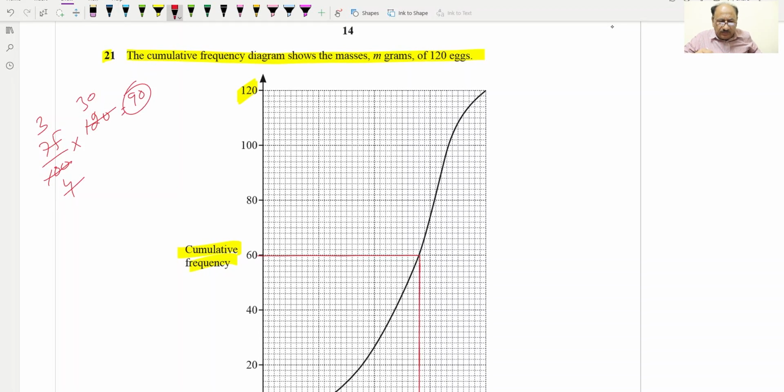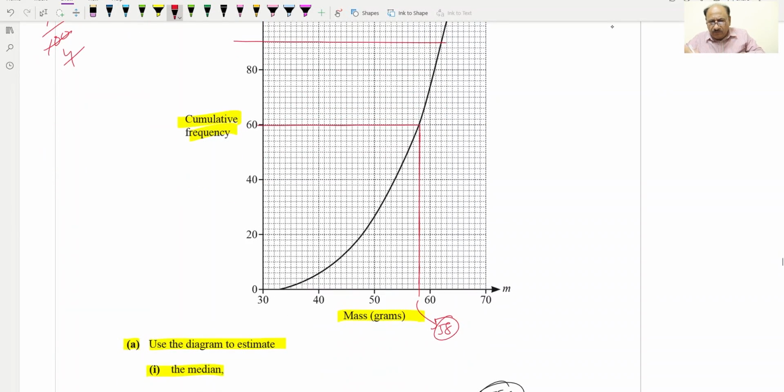So 90 reference we will be checking 1, 2, 3, 4 and 5. So up to this point, and we will draw the line. Hopefully you are understanding. I just want to be accurate, and this will be the reference which we will be taking from here, and this point is 62 for upper quartile, and for the lower quartile also we can check.